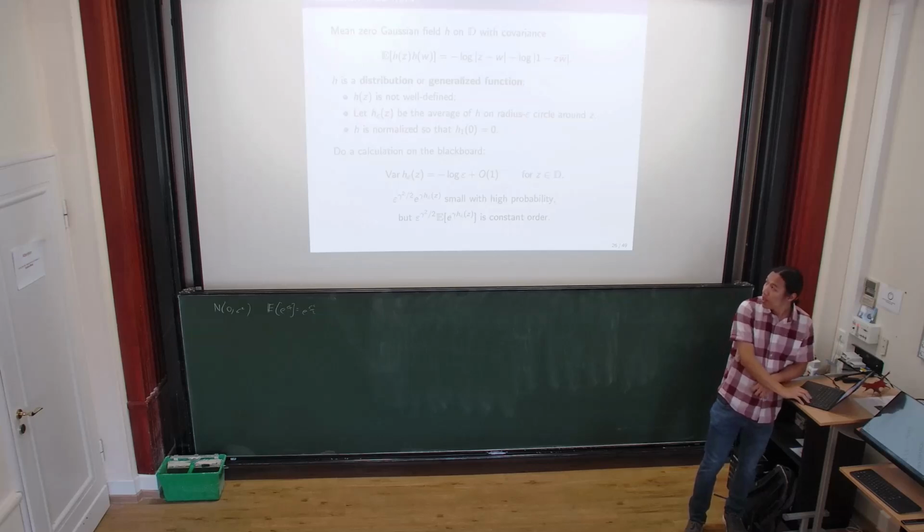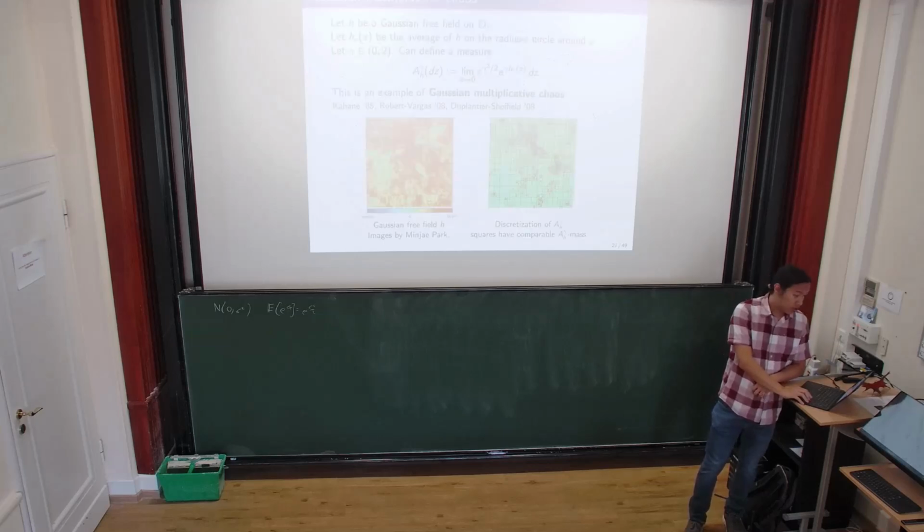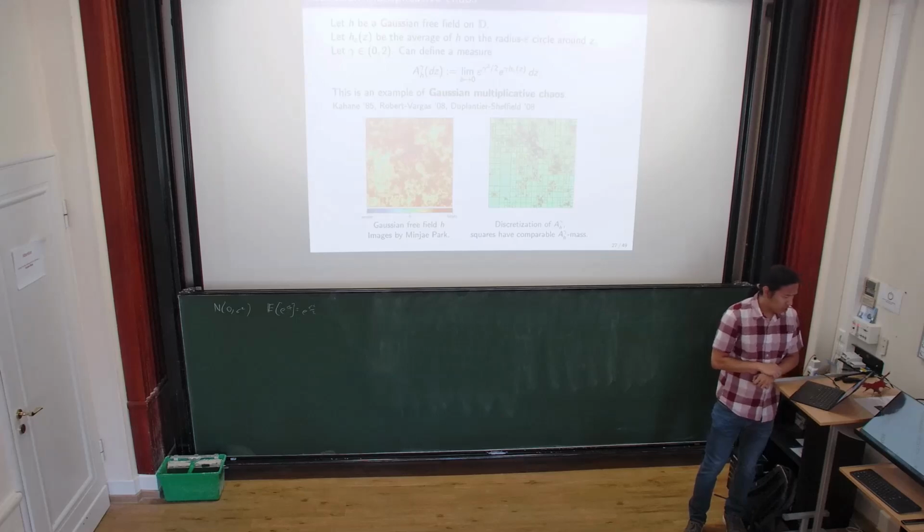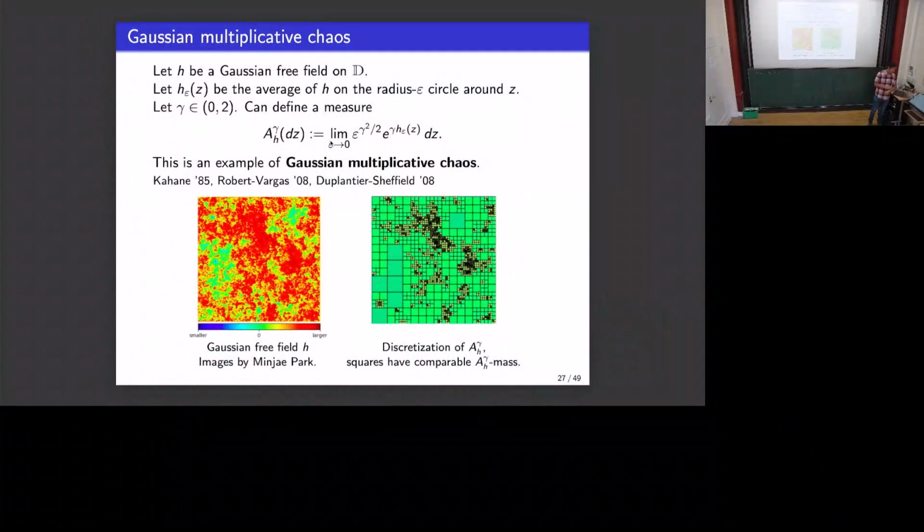So, using that observation, this definition of Gaussian multiplicative chaos maybe makes a bit of sense. So what is Gaussian multiplicative chaos? We want to define a measure which corresponds to the exponential of the Gaussian free field. We fix a parameter gamma between 0 and 2, and we define this measure, A_gamma h(dz).